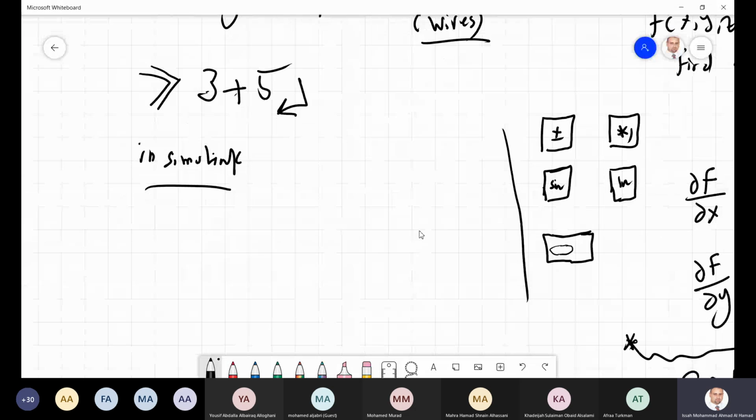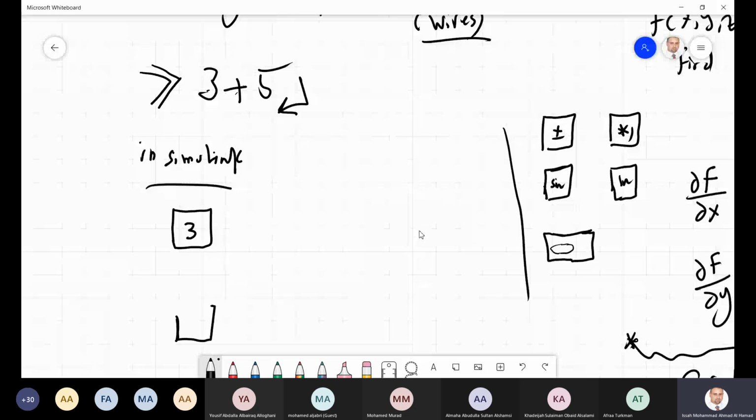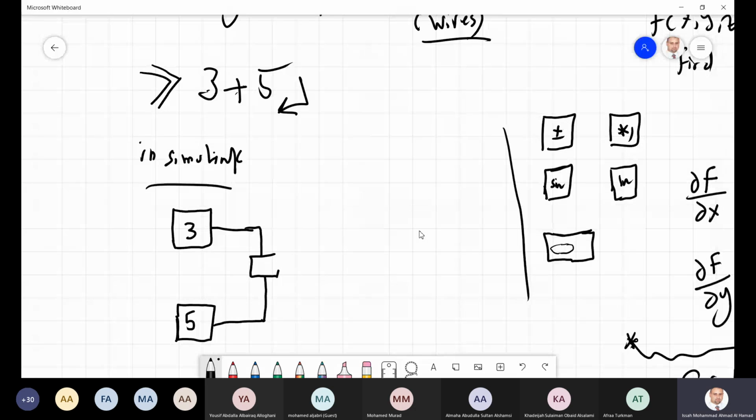So what you need to do is to make a block for number 3 and make a block for the constant 5. Okay, and use the lines or the wires to add them together, then display your result on a certain screen.